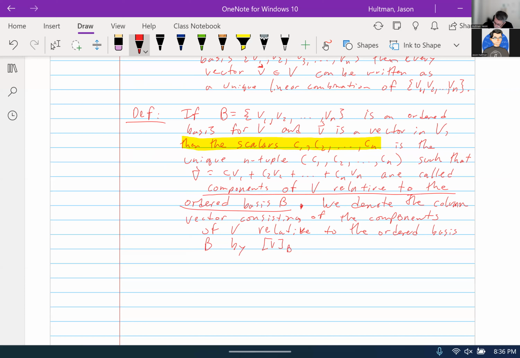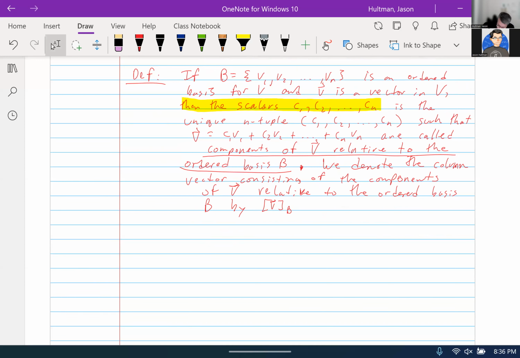This vector V with respect to basis B can be written as a column vector of just the scalars, the constants required to create that vector from that basis.